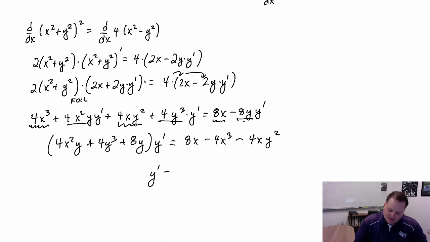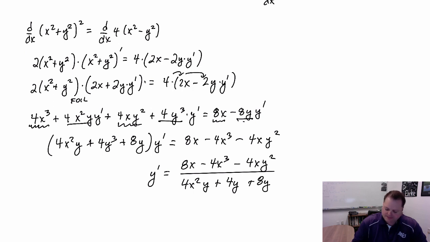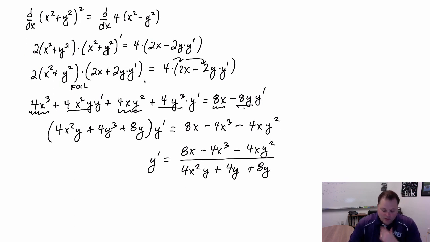So y prime is equal to 8x minus 4x cubed minus 4xy squared divided by this. So there's my derivative. It's not particularly beautiful.